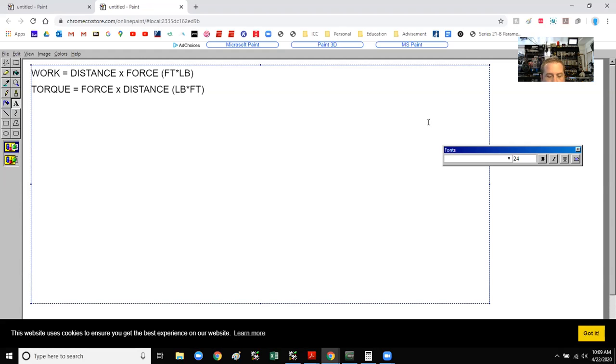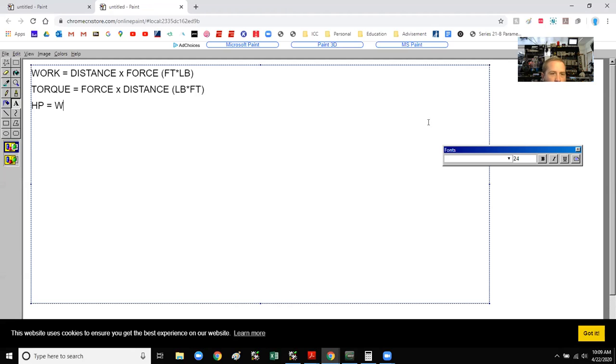What about horsepower? RPMs, right? Horsepower is not RPMs. Isn't it like work times time? Not times time. Per time? Work per time.